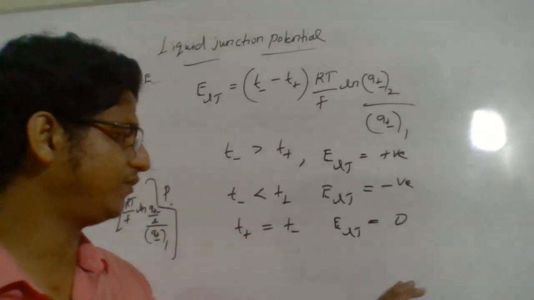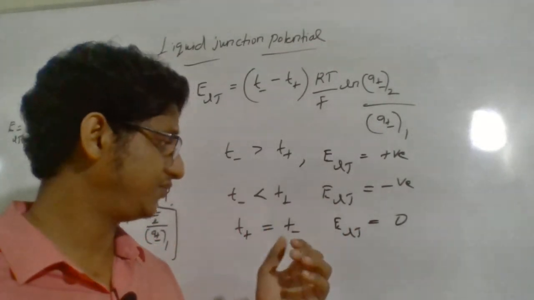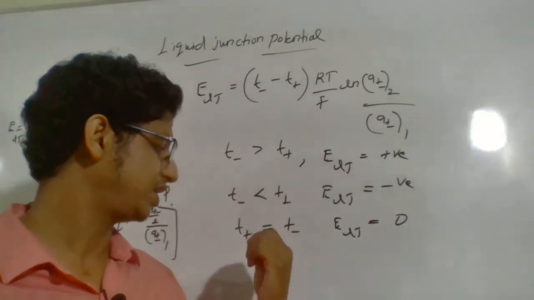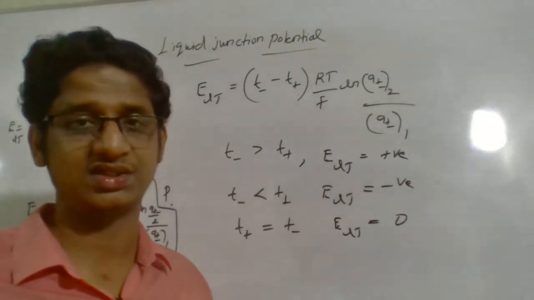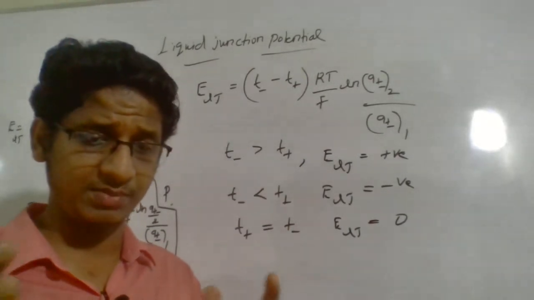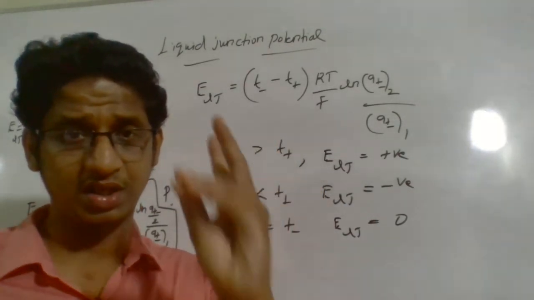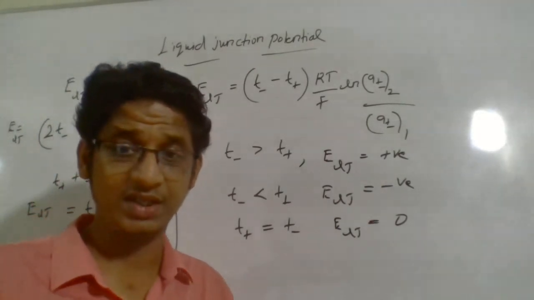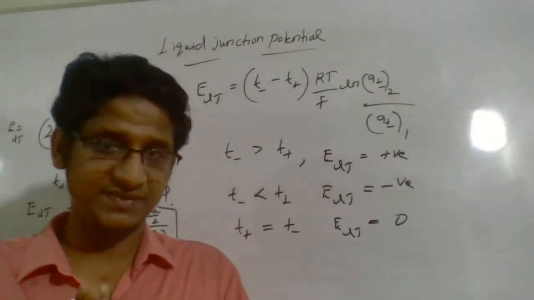So that's the case. If the junction between the two solutions has a similar transport number for cation and anion, if it is equal, then you can eliminate the liquid junction potential. That's the key point I'm coming to say. That is why we use a salt bridge to separate the two half cells.